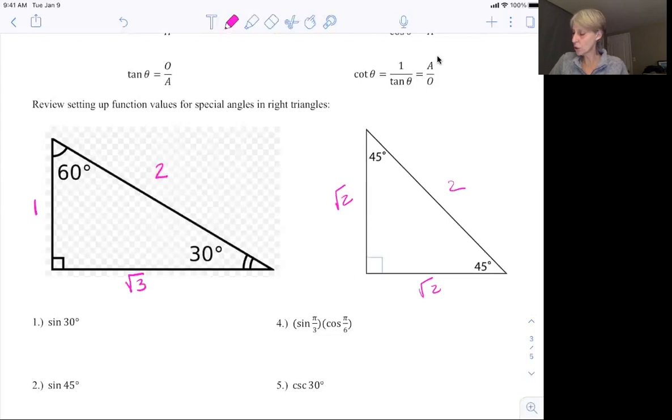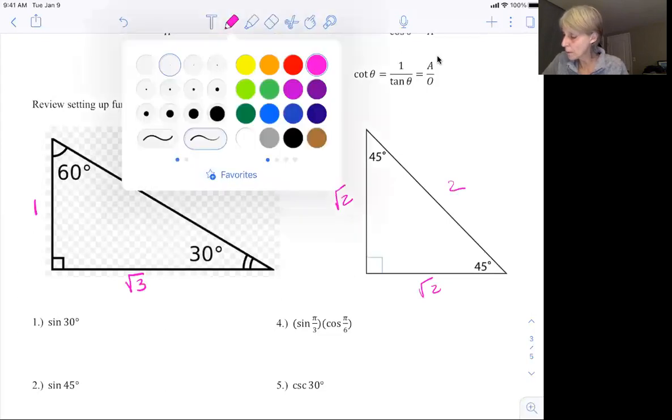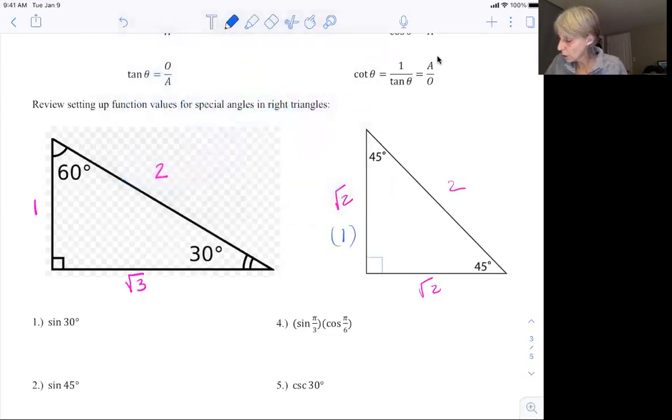Now, some teachers use rad 2 and 2. If you are more comfortable doing it that way, that's fine. But in this course, when I set up my ratios, I'm going to use that triangle.